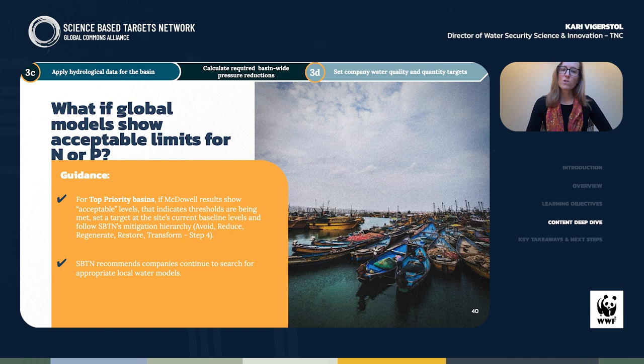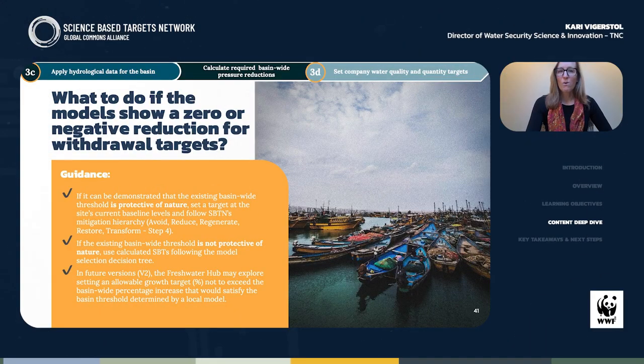For a future version 2 of the methods, SBTN's Freshwater Hub may explore setting an allowable growth target percent, not to exceed the basin-wide percentage increase that would satisfy the basin threshold determined by a local model. So, what should you do if the models show a 0 or negative reduction for withdrawal targets?